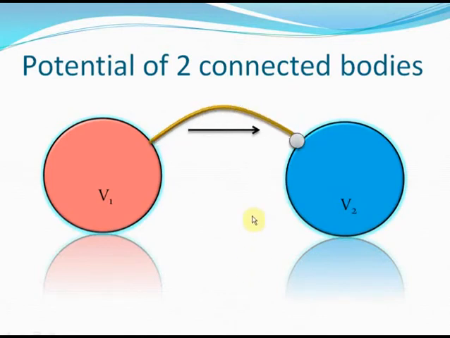So as you can see, this charge is being transferred from the body at a potential V1 to the body at a potential V2, and now both these bodies have the same potential V. So this will always happen when you connect any two bodies at different potentials with a conducting wire.